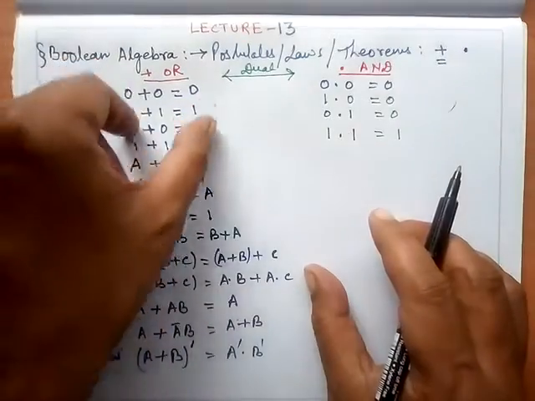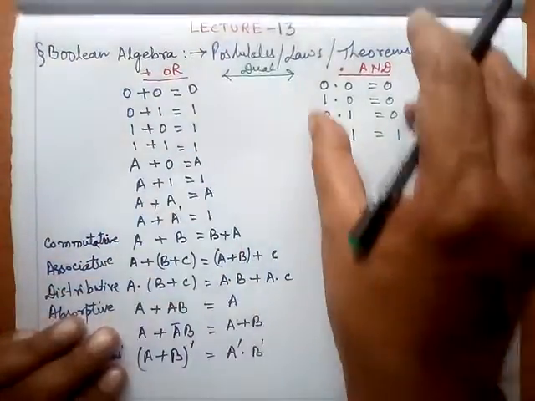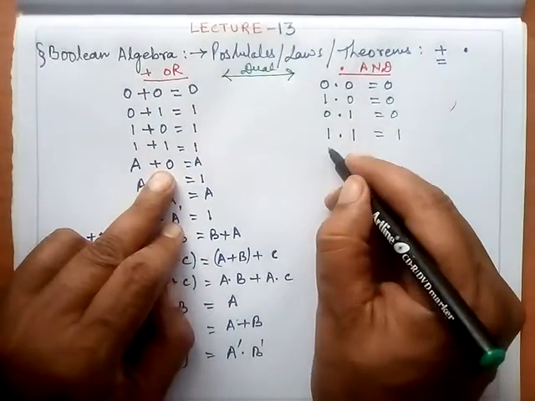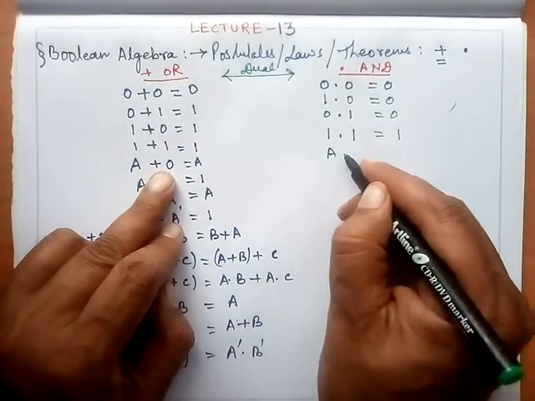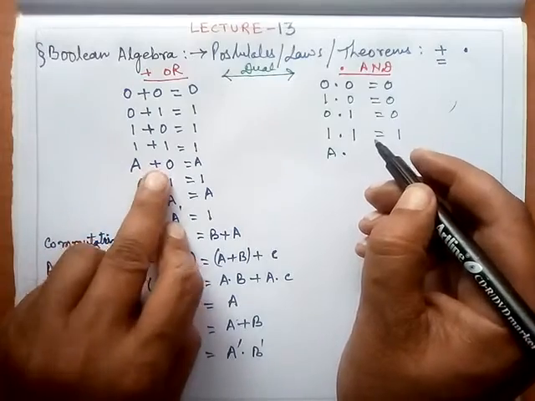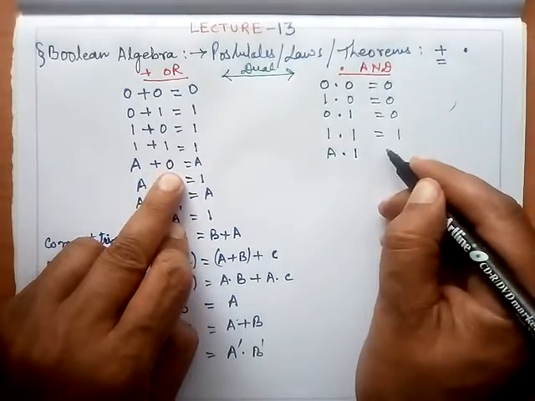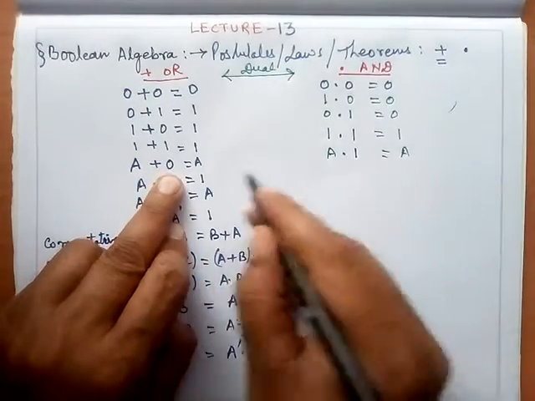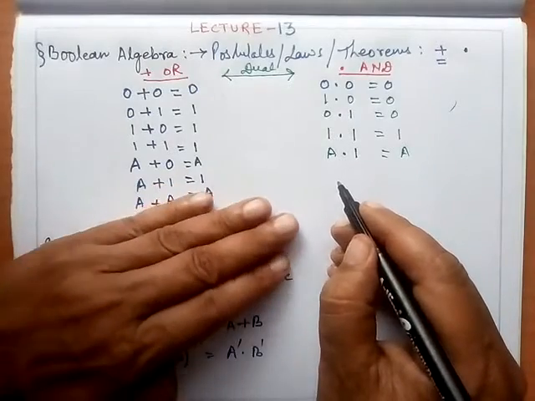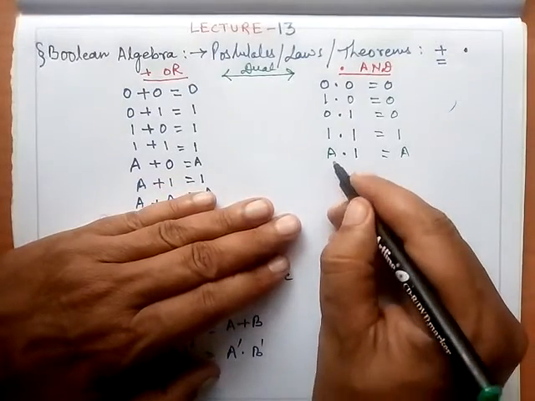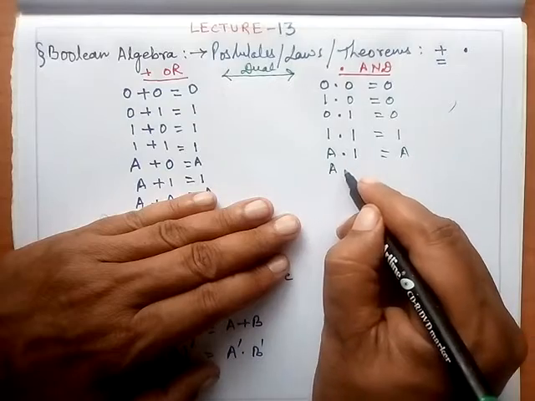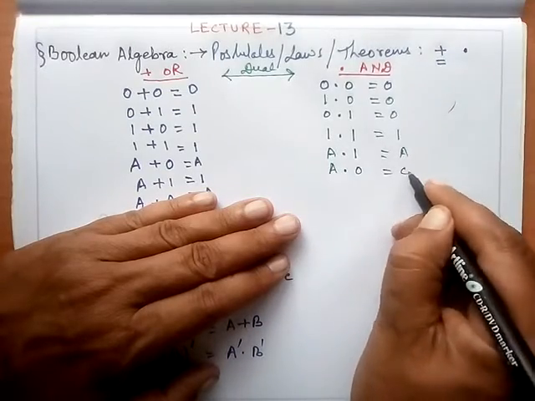You remember any one, the next can automatically be made. So you can say here A dot, in place of plus there is dot, in place of 0 there is a 1, is equal to A dot 1 is equal to A. Then look at this, A plus 1 is equal to 1. I can make this as A dot 0 is equal to 0.